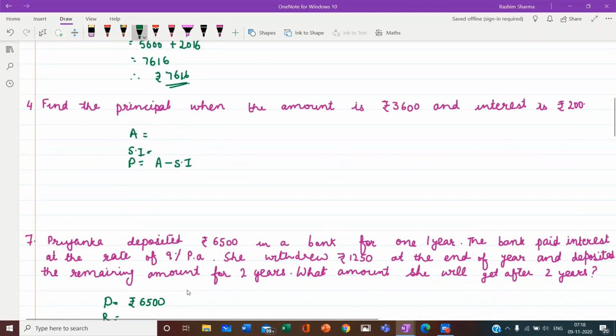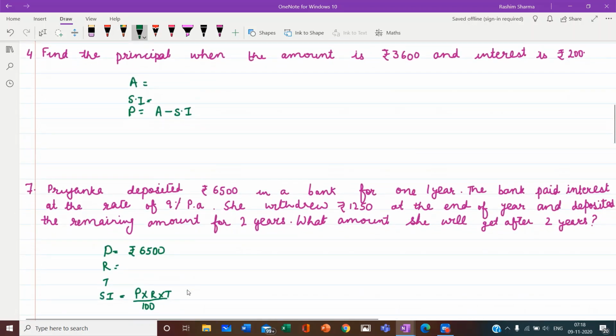Next, the fourth question is: find the principal when the amount is rupees 3600 and interest is rupees 200. Now we know when we are given amount and simple interest, we can find principal by amount minus simple interest. So amount is rupees 3600, simple interest is rupees 200.